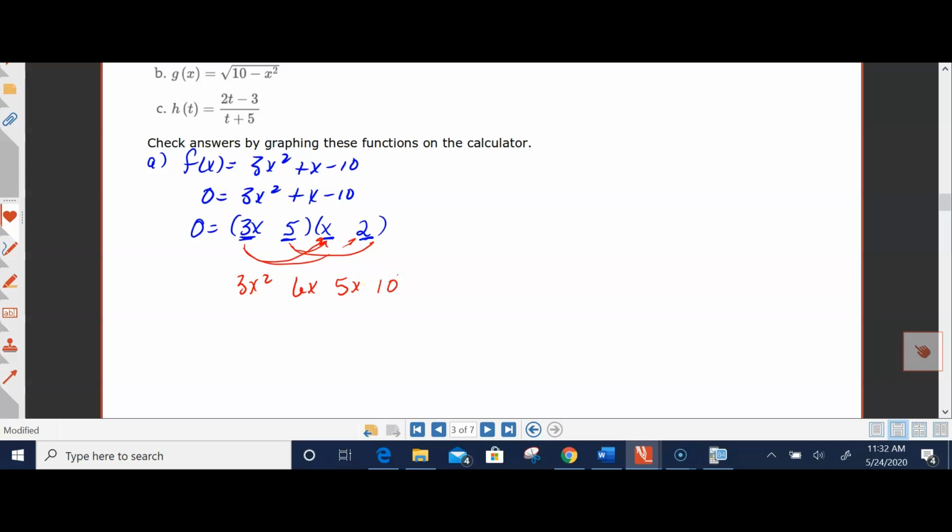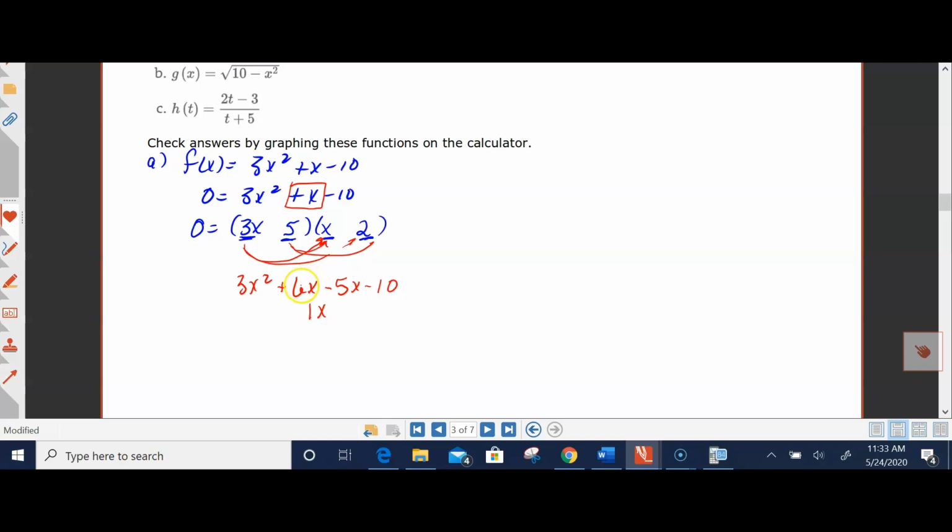So I was thinking about FOILing these two binomials out. That's why I put the 5 first and the 2 second, because I noticed a 6x and a 5x, if the 6x was positive and the 5x was negative, they would add up to give me a 1x, which is what I want. And they should multiply to give me a negative 10.